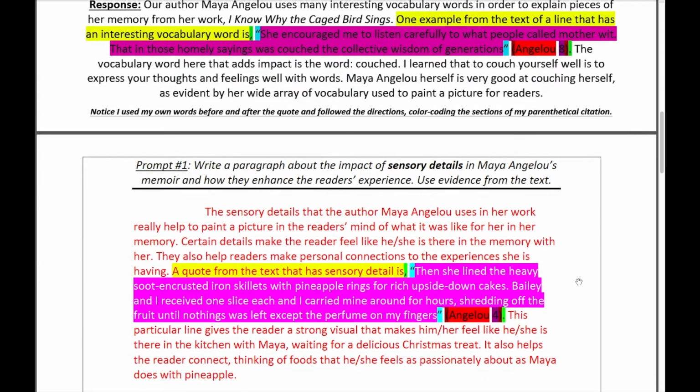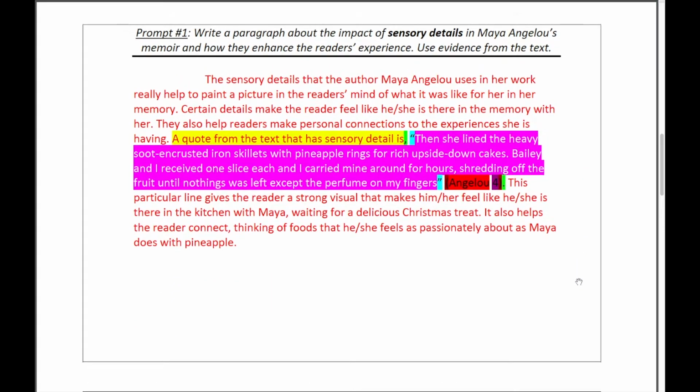Prompt number 1, write a paragraph about the impact of sensory details in Maya Angelou's memoir and how they enhance the reader's experience. Use evidence from the text. So here, this is an example of what your response will look like. The first section is you using your own words to describe why you think sensory details, how something smells, how it tastes, how it sounds, how it feels, how it looks, is important in Maya Angelou's memoir.